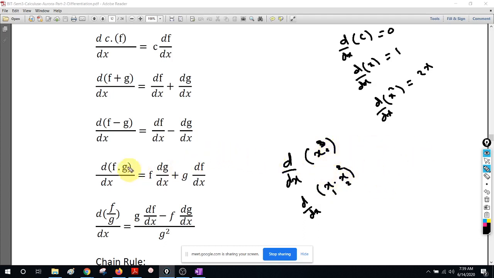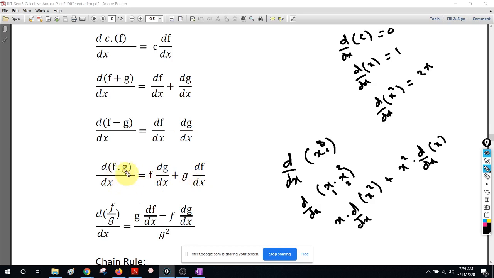Now I am applying this rule. Remember that we haven't done the derivative of x cube; we know only these three, but now I want to find it. I can write x cube as x into x squared. First one into the derivative of second plus second one into the derivative of first.